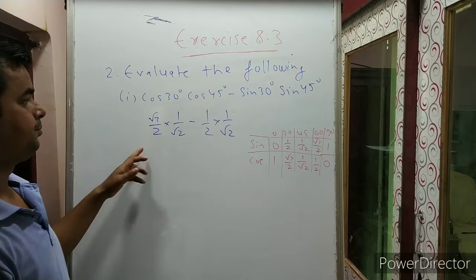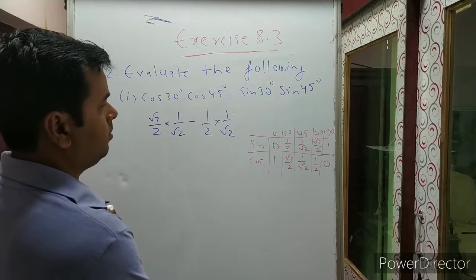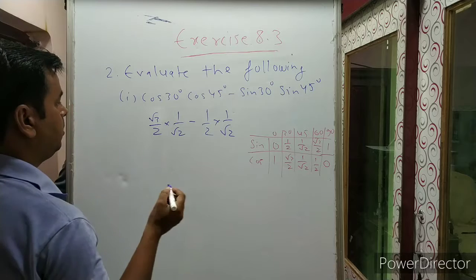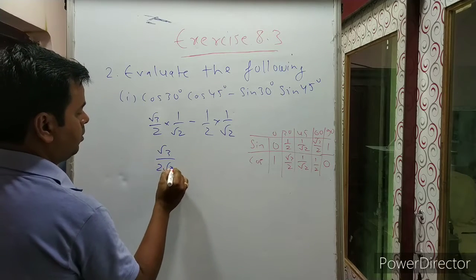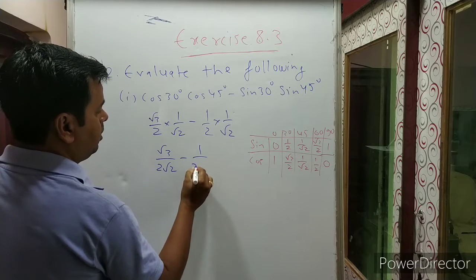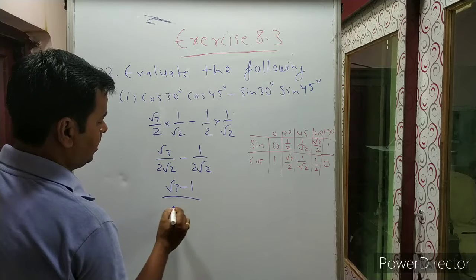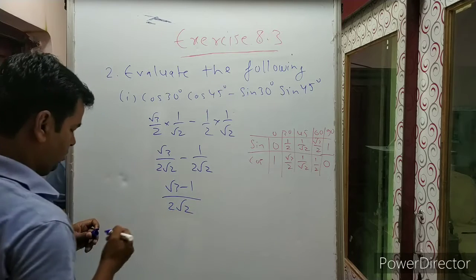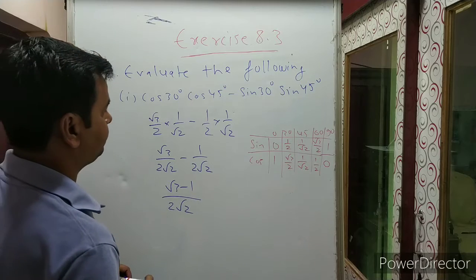If you see, root 3 upon 2 root 2 minus 1 upon 2 root 2. So this will be root 3 minus 1 upon 2 root 2. Okay, this will be the answer for this.